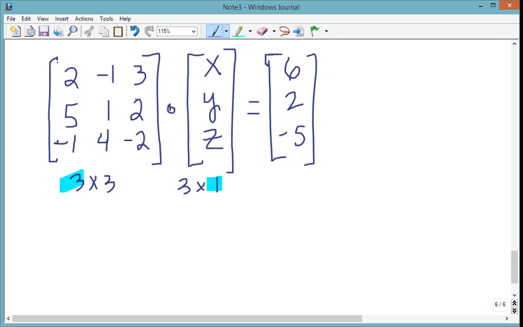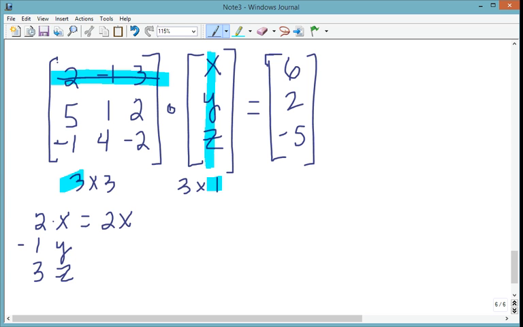Okay? Now, an interesting thing happens when I start multiplying first row, first column. I get 2 times x, negative 1 times y, 3 times z, and when I add them together, what I actually get is 2x minus y plus 3z, right?